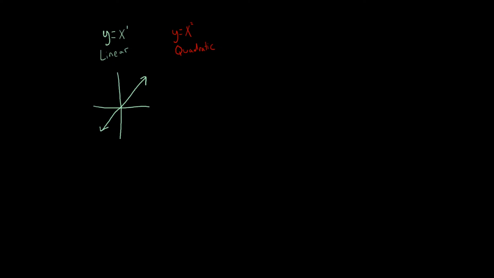A quadratic function obviously just looks like a parabola. It extends from the second quadrant to the first quadrant, and it continues on to infinity. So that's the quadratic. Then we're going to increase the exponent once more to y equals x to the power of 3, and this one is called a cubic function.